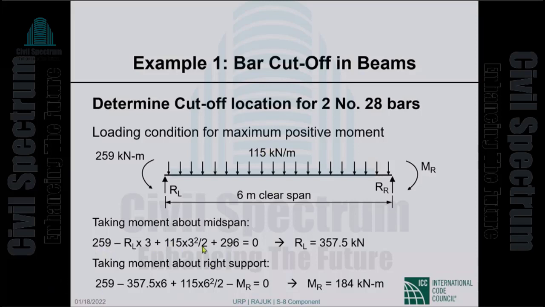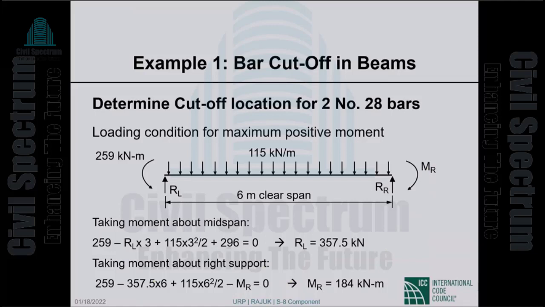And 296 being a positive moment is also counterclockwise, and it is positive. So if we take moment about midspan, we get this equation from which the left reaction comes out to 357.5. And by taking moment about the right support, the right hand moment comes out to 184 kilonewton meters.